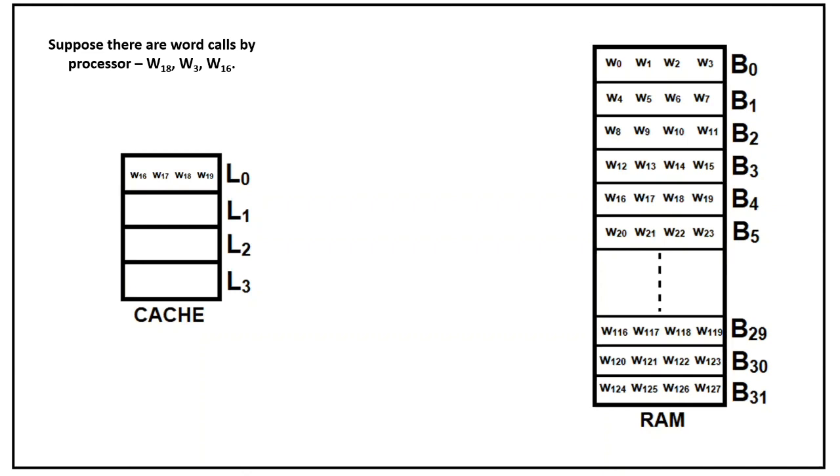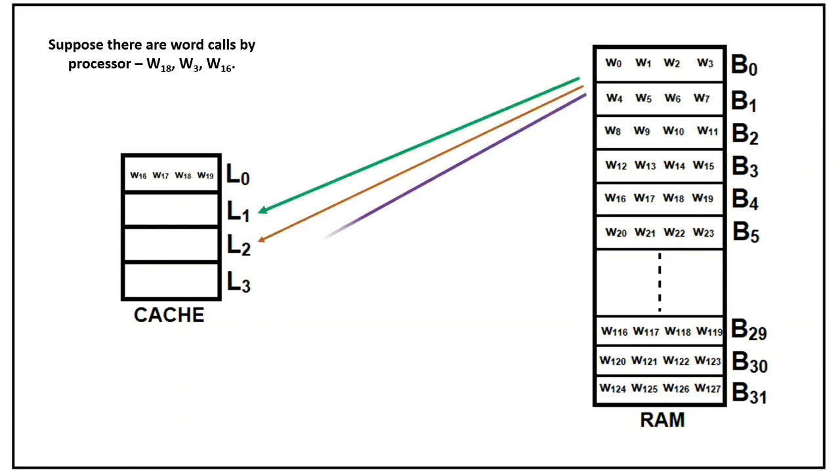But according to direct mapping, the formula directly tells that block B0 must come inside L0. That is why the cache miss rate is increasing. So that is why direct mapping is not the best, or you can say direct mapping is not the optimal mapping technique.